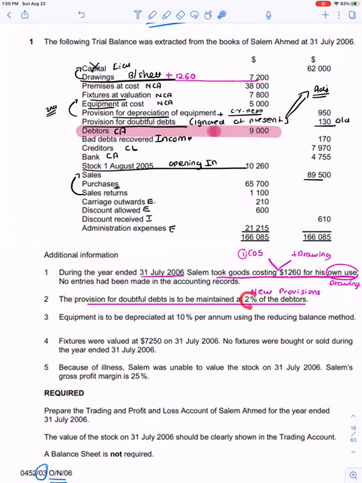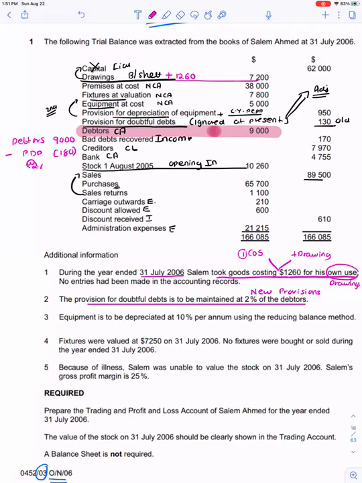You create this 2% on debtors. Tell me, what is your debtors? My debtors is 9,000. I need to create a new provision for doubtful debts at the rate of 2%. What is 2% of 9,000? 2% of 9,000 is 180.